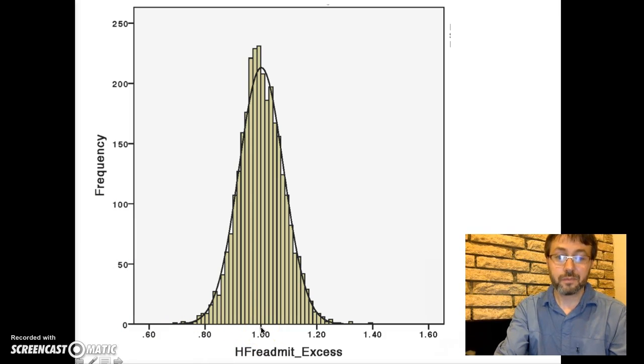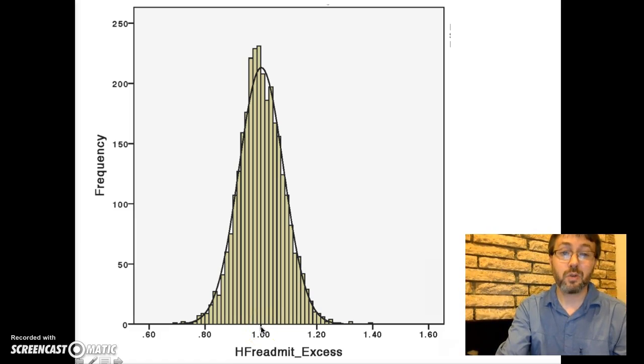So those are the hospitals whose number of readmissions is approximately equal to the number that are predicted for that facility. We go up and we can see that approximately 210 to 215 hospitals have an excess readmission ratio of 1.